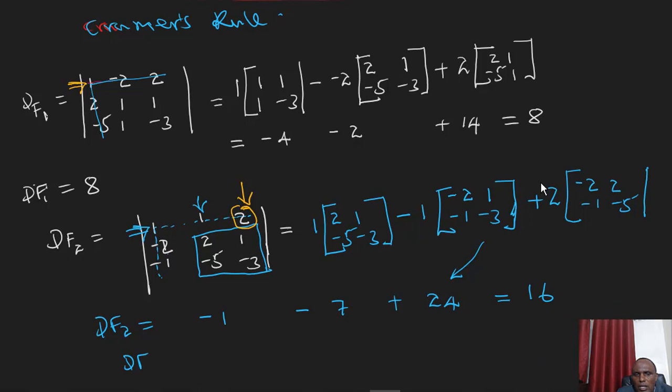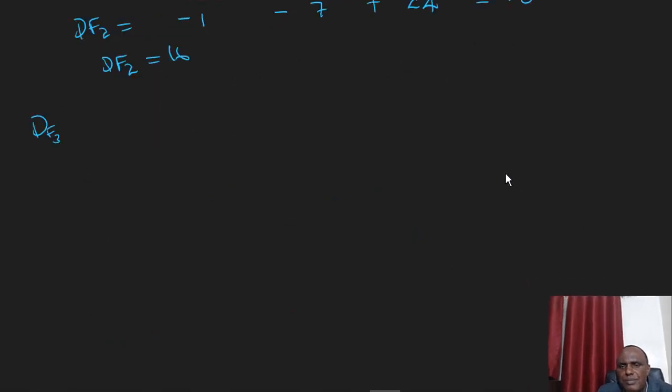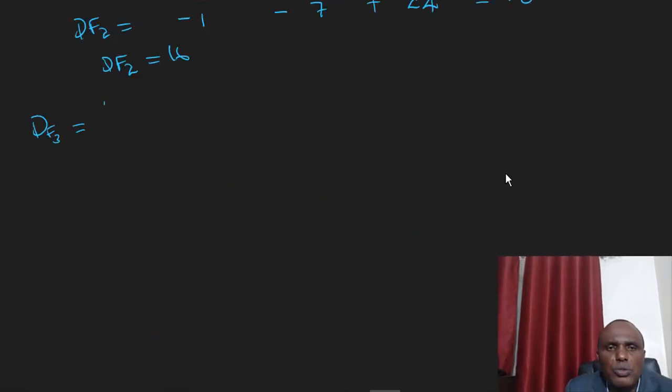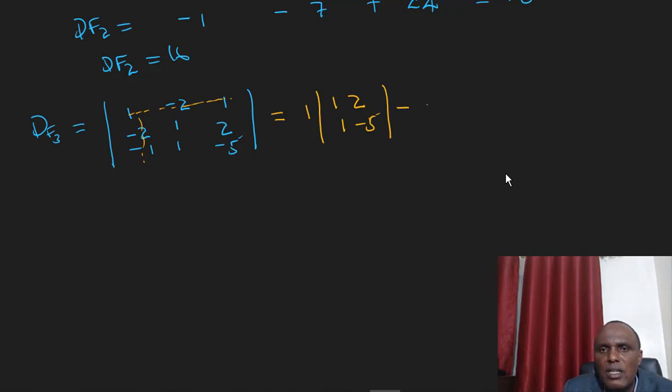Therefore, df2 is equal to 16. df3 is equal to the determinant of this matrix. The matrix is 1, negative 2, negative 1, negative 2, 1, 1, 1, 2, negative 5. We get that determinant, and that determinant becomes minus negative 2.